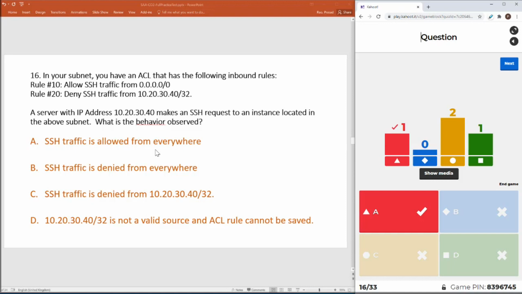So because most of you got it wrong, let's discuss this particular question in more detail. It's talking about network ACLs, network access control lists.